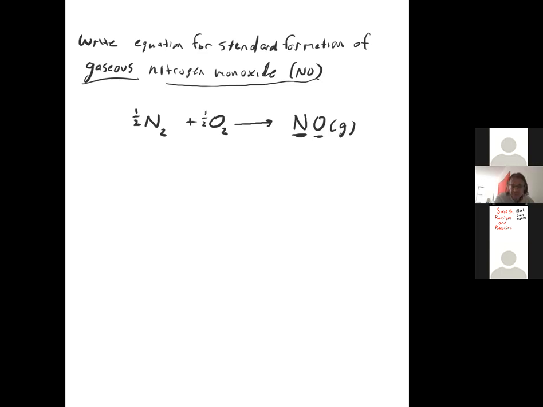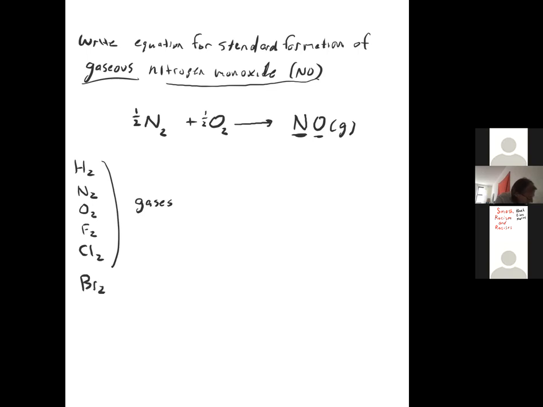One more step, which is the states of matter. So let me point out these elements. H2, N2, O2, F2, Cl2. Those are the first 5 of the diatomics. Those are all gases.